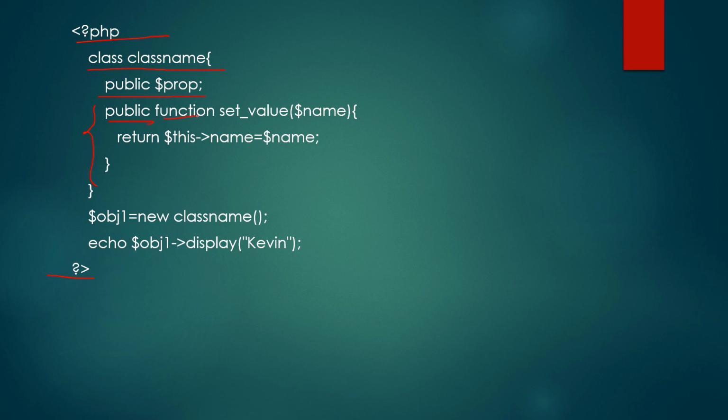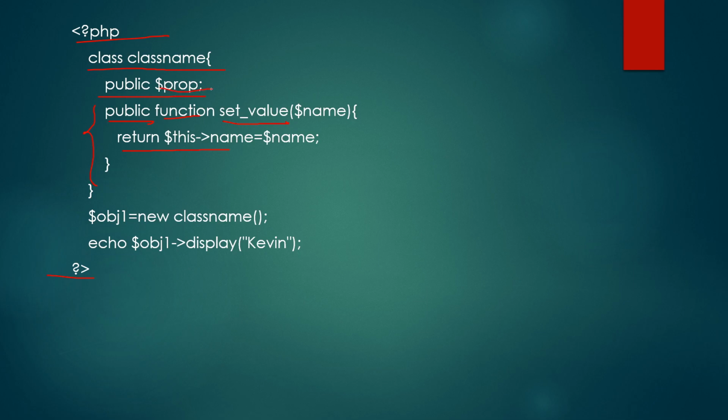Then we have the keyword function, and the function name is setValue. Inside this we have one argument called $name. And we are returning this. Actually here the name of the property should be name instead of prop.